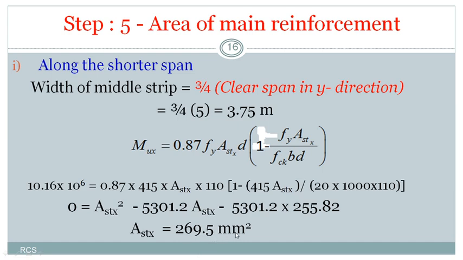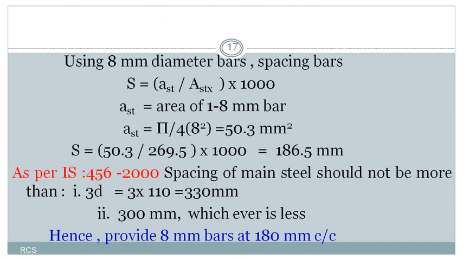So after calculating the area of steel in the middle strip region, what is the spacing to be maintained for that? That we have to calculate now. As we are using 8 mm diameter bars, the spacing for 8 mm diameter bars for the middle strip region is equal to small ast by capital Astx into 1000. Here the small ast is the area of one 8 mm diameter bar, equal to 50.3 mm². As it is circular in cross section, small ast can be calculated as pi/4 × d², where d is 8 mm.